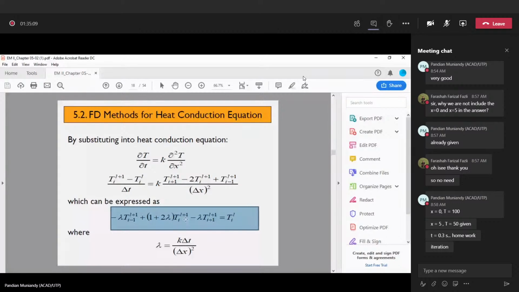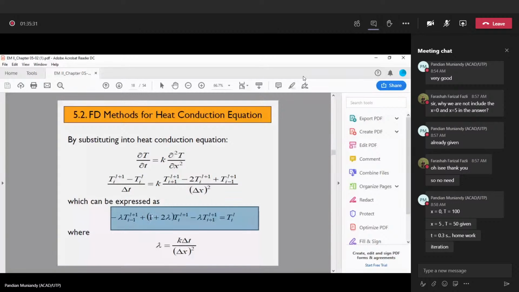So you must familiarize yourself and use this equation very frequently, because at the end of the day, if you are asked to use this method, where do you start? You cannot modify this equation as you like. You must write it like this.